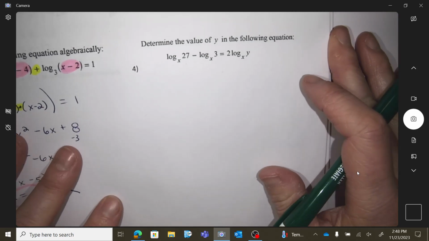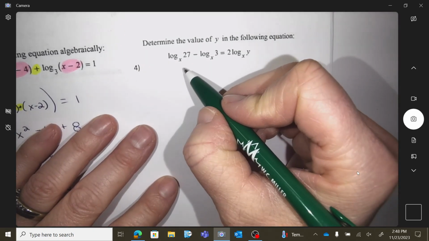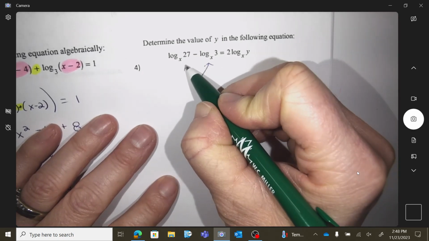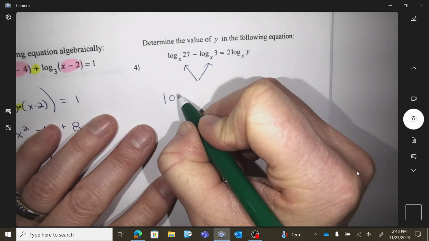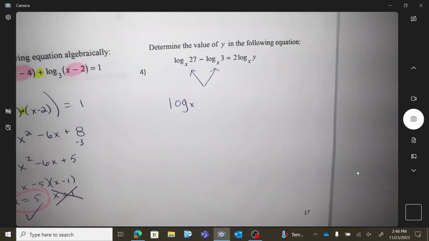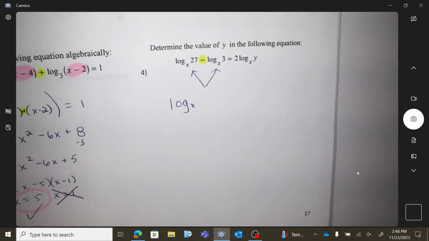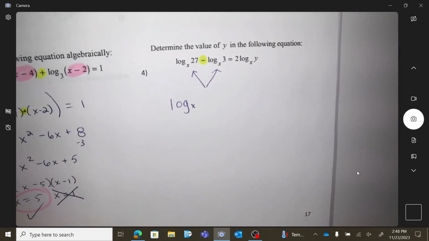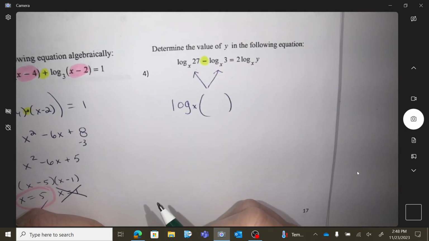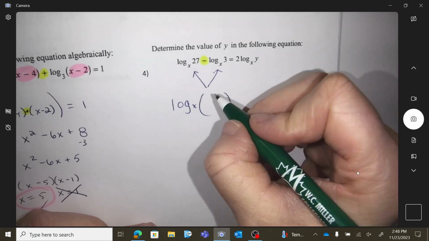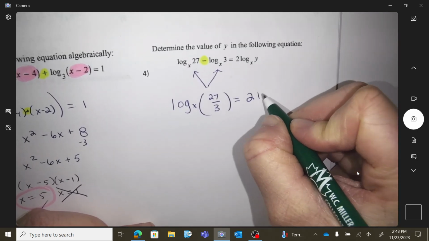Okay, so over here, that was separated with subtraction. So that means I'm going to glue them back together with division.